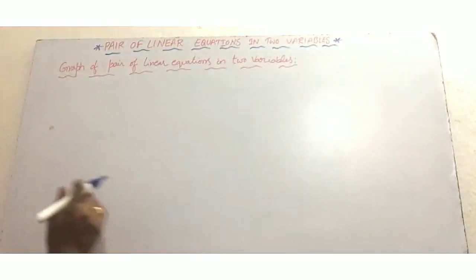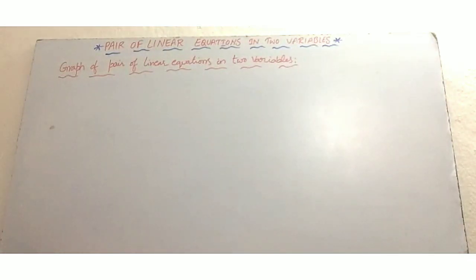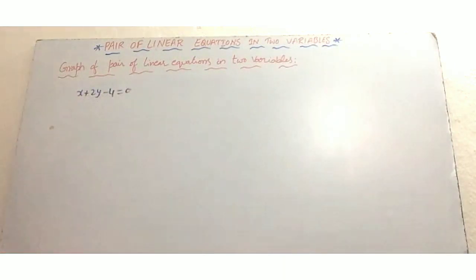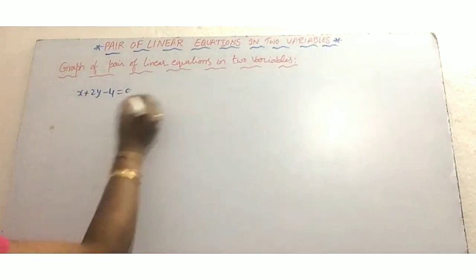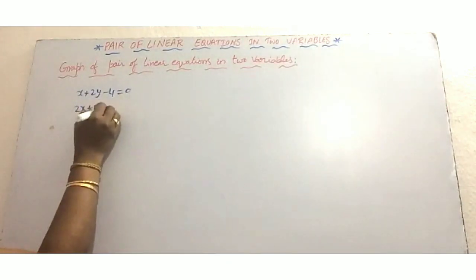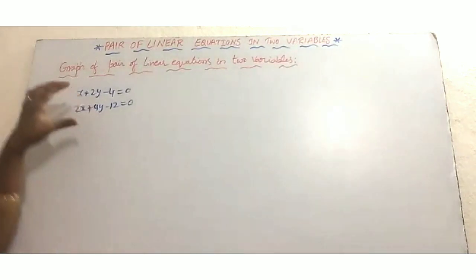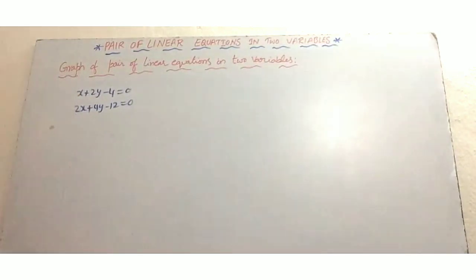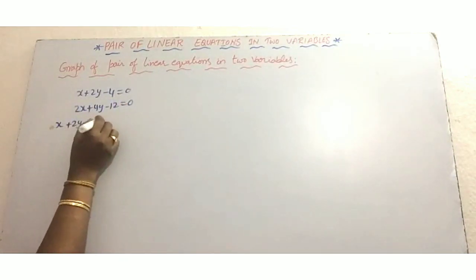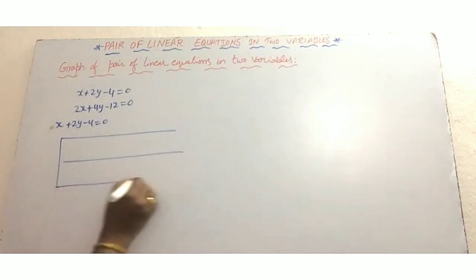And next, the second one is parallel. If I take the linear equations x plus 2y minus 4 equal to 0 and 2x plus 4y minus 12 is equal to 0, we will draw both of these graphs. For the first equation, x plus 2y minus 4 is equal to 0, I will take the values of x.